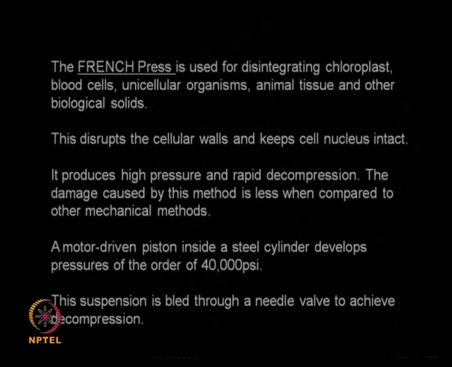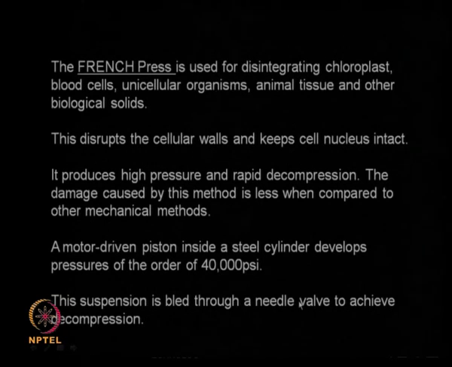So how it works is it produces a very high pressure and rapid decompression. So there is not much damage caused by this method, unlike the bead mill or any other type of mechanical method. So what you do is you produce very high pressure and you suddenly reduce the pressure. You are talking in terms of almost 40,000 psi. A motor driven piston inside a steel cylinder develops this pressure, and then this high pressure slurry is bled through a needle valve.